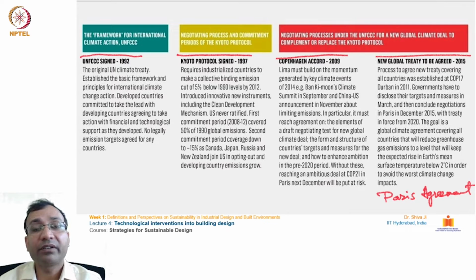In this convention, these developed countries agreed to help the developing economies financially and through technology transfer, so that developing countries also can control their emissions with minimal damaging potential.